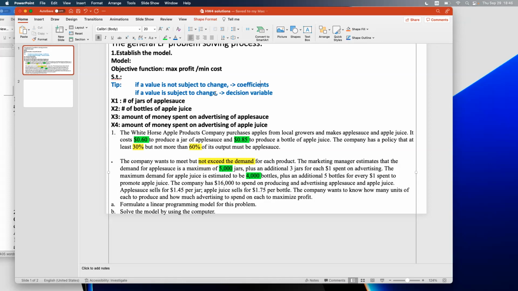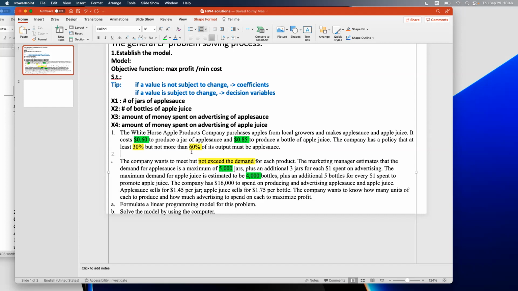We can manage how many pieces, how much money we want to spend on advertising. So where we can do the management, that's the decision variables. Okay, so that's the first step. You read through the problem and identify how many decision variables there are. And in this problem, we got 4 decision variables.